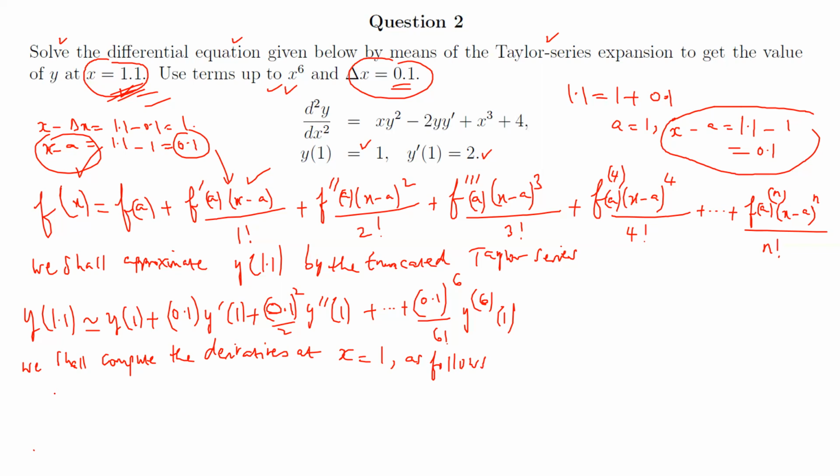From the given question, what we have is the second derivative. The second derivative of the function is given as x y squared minus 2 y primed plus x cubed plus 4.